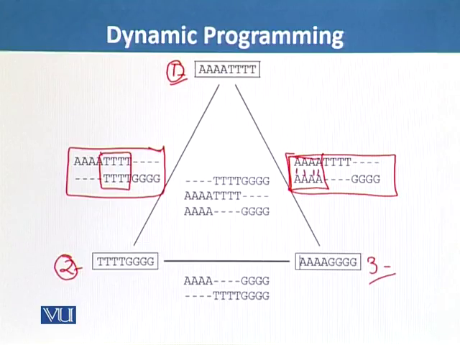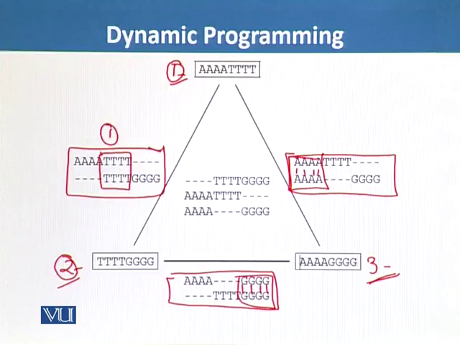Similarly, if we compare the second and the third sequence, we get this pairwise alignment, and in this case the 4 G's are aligning with each other. So we get 3 pairwise alignments.